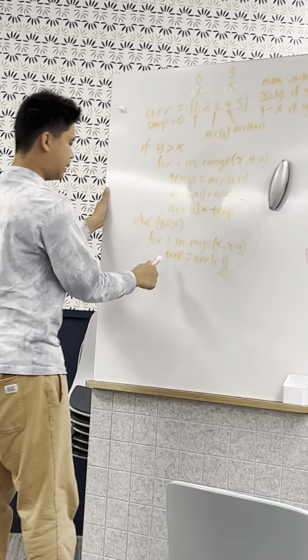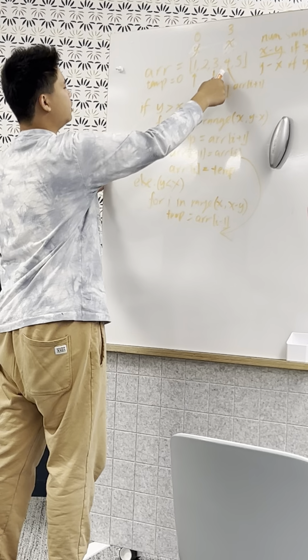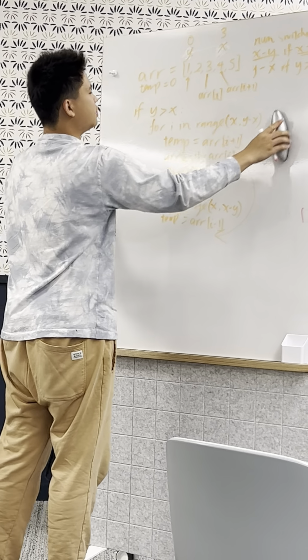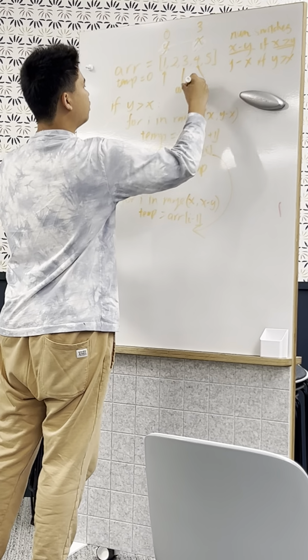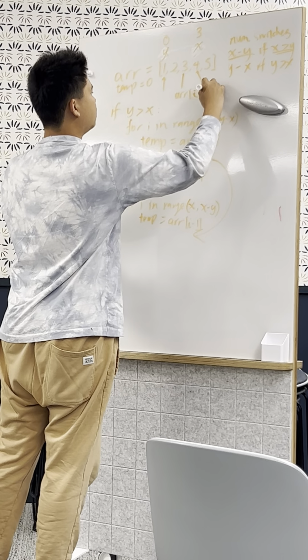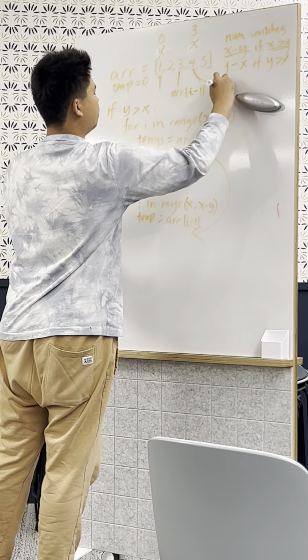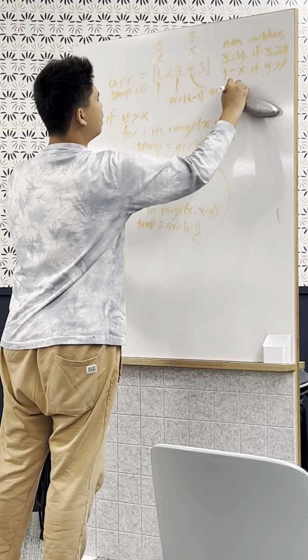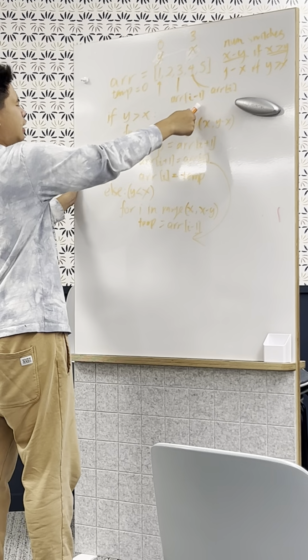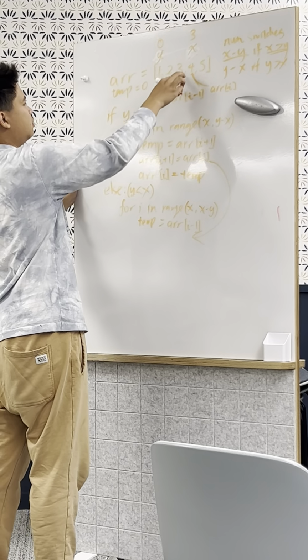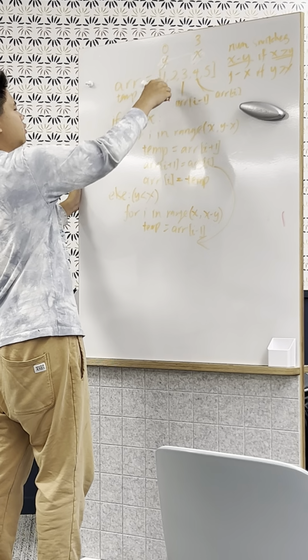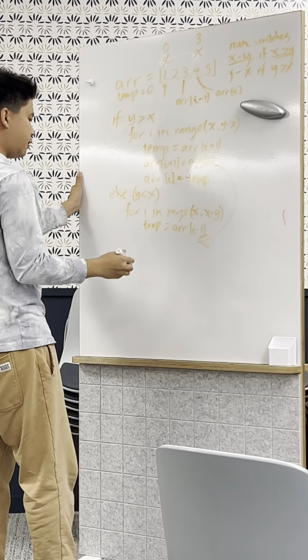Alright, so temp equals array i minus 1. Now instead of this, you would have array of i minus 1, and that one is array of i. So you're just moving down toward the y, and every time i decrements, you just switch the 2, switch the 2, switch the 2, so that 4 goes to y.